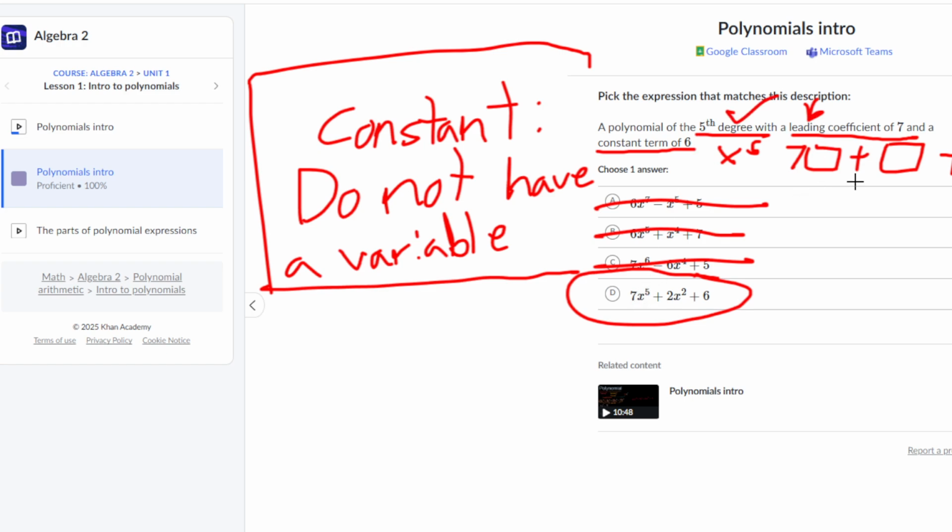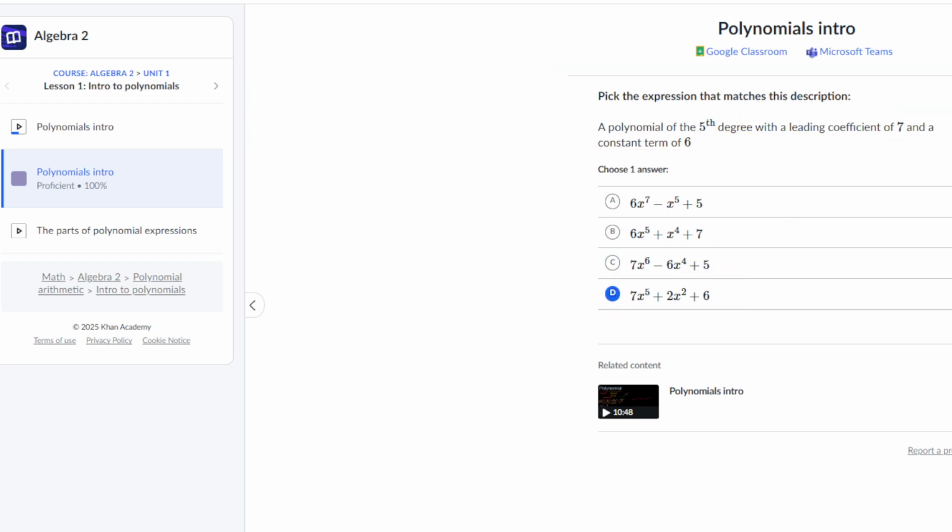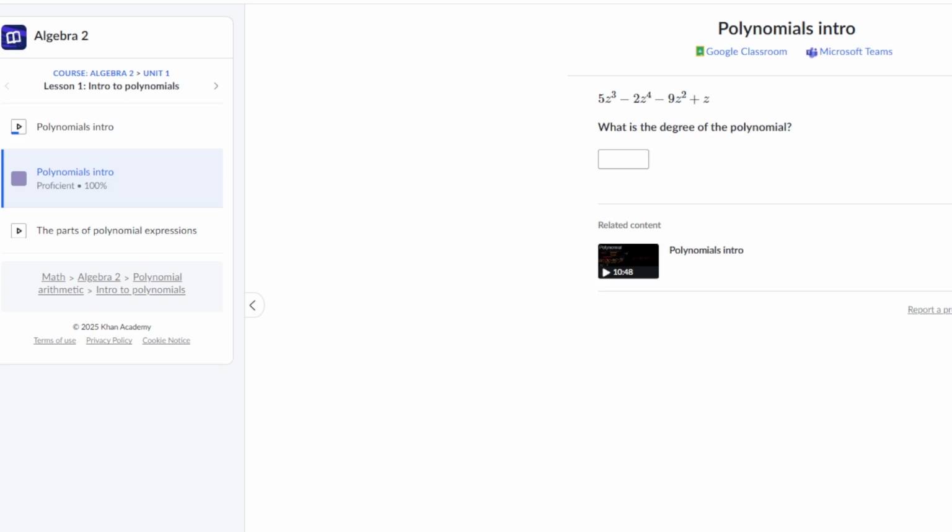Yes, it does. Does the leading coefficient say 7? Yes, it does. Right? So I didn't even get to write my checklist yet, but knowing the 3 things that we're looking for, we can already acknowledge that it is going to be D as our answer. Now, let's go to the next question.